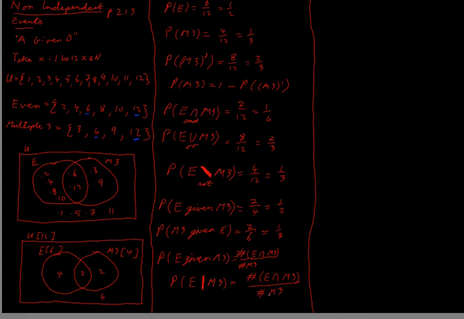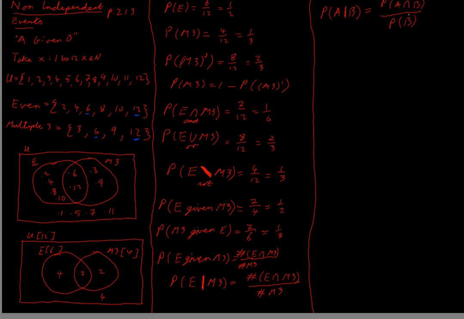Now, this is not the form we often use this in. We often recognize that we can divide above and below by 12 and turn these two into probabilities. So the other way of writing this, probability of A given B is equal to the probability of A intersection B all over the probability of B. And hopefully you're happy with where that comes from.